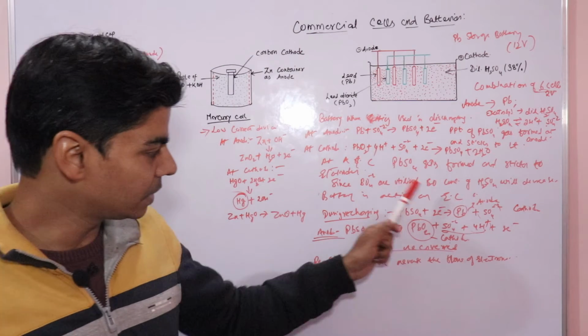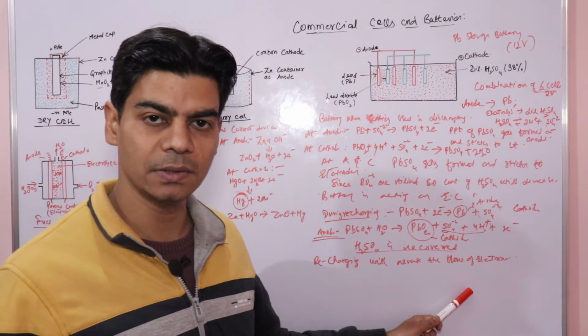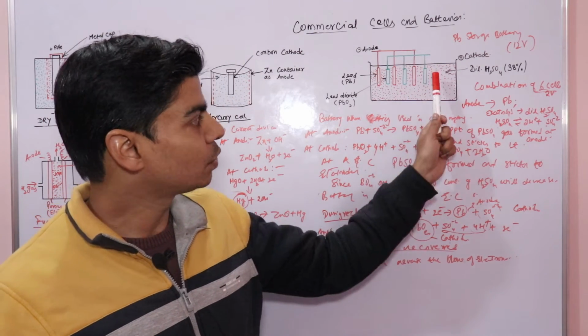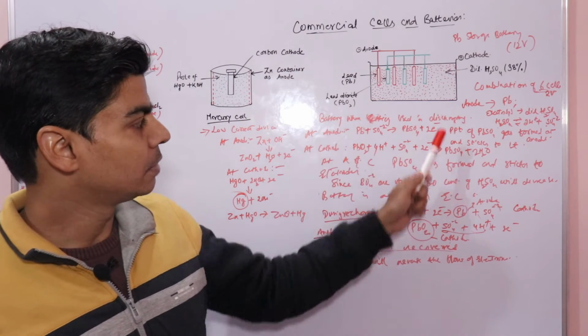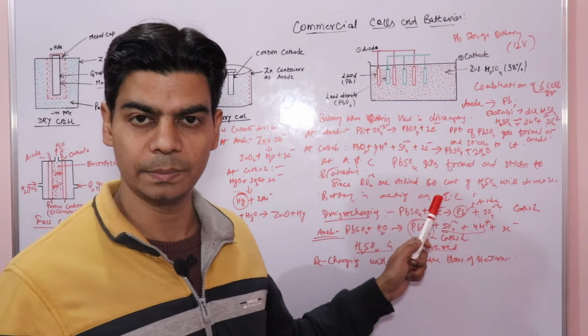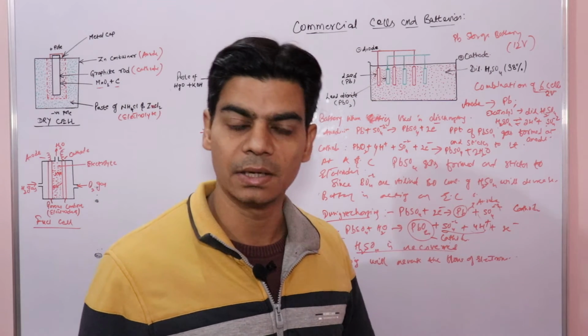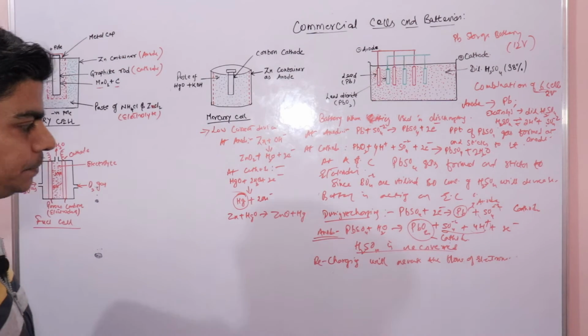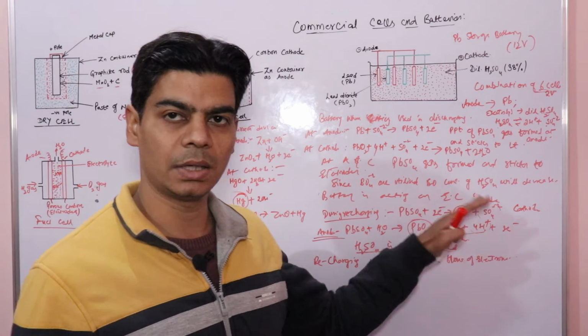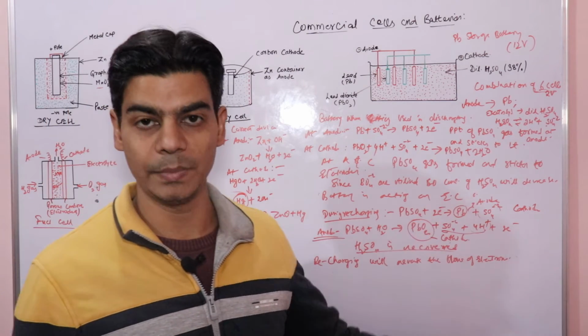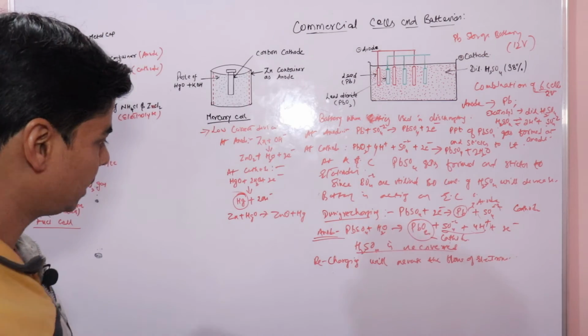So when the battery is recharging, the lead storage battery is acting as an electrolytic cell, and when the battery is getting used up, it's acting as an electrochemical cell, galvanic cell or voltaic cell.